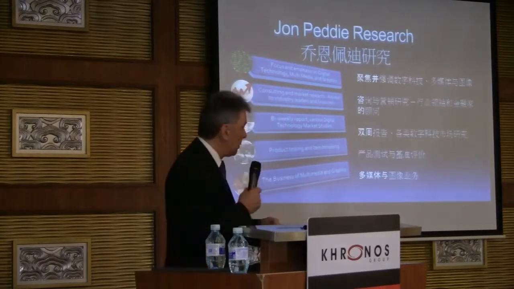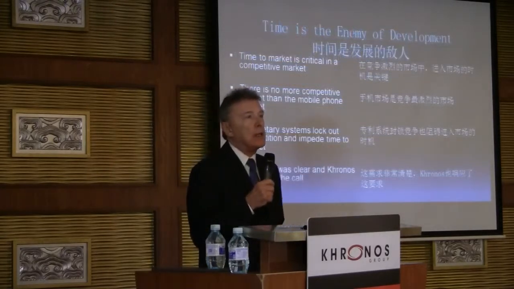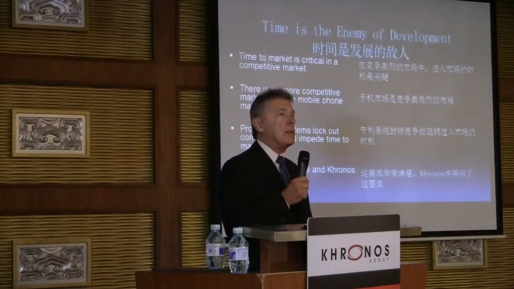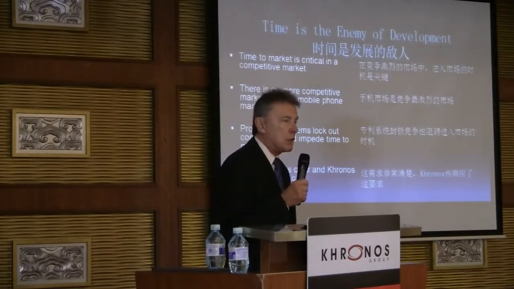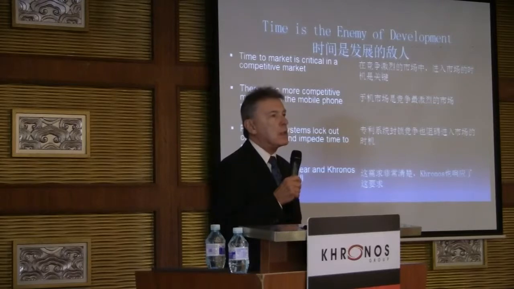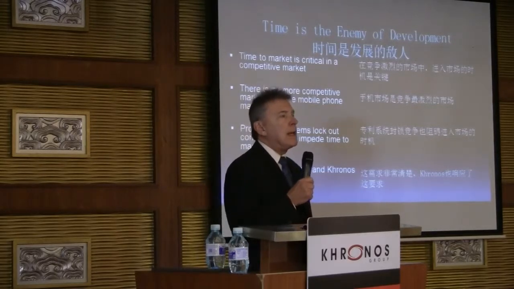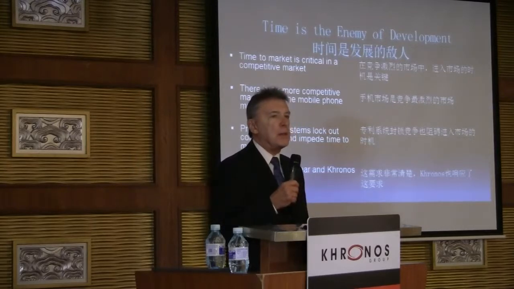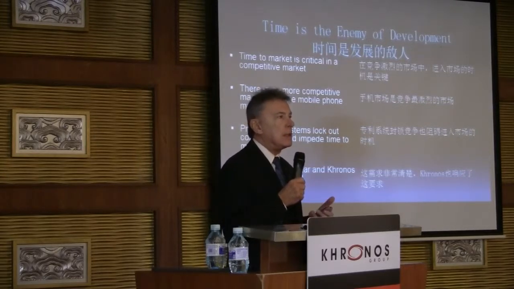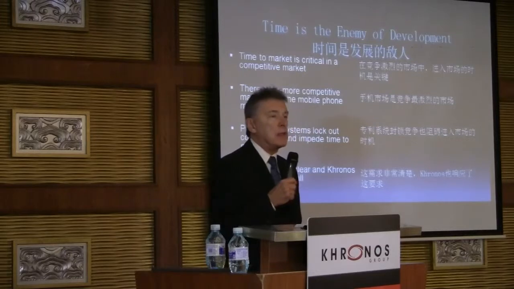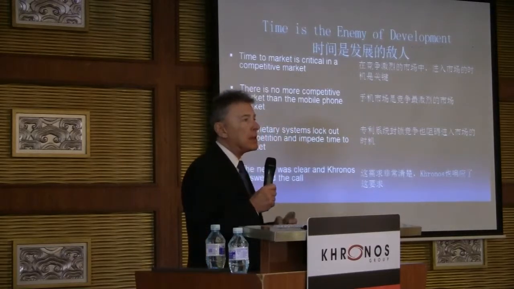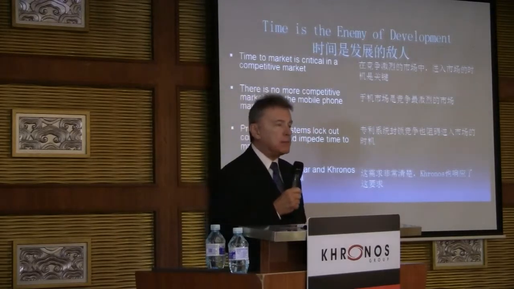Just historically, Khronos is derived from the god Chronos, the god of time. He managed time, he controlled time. And time is the biggest problem that we have in the computer industry and in the electronics industry as well, in that we just don't have enough of it.